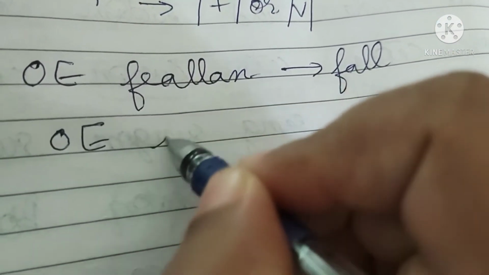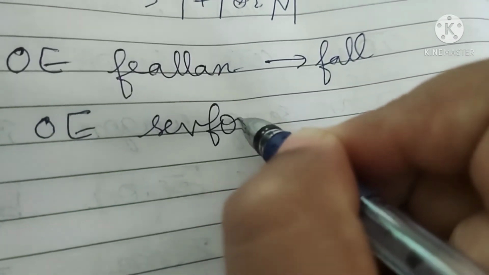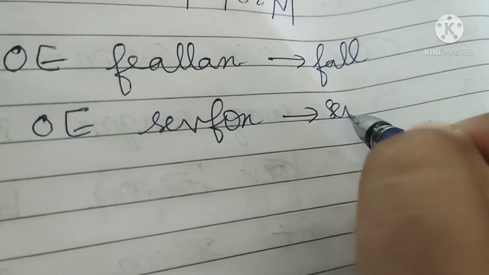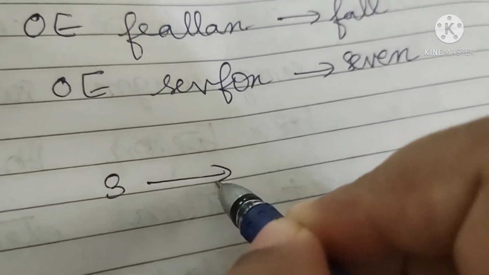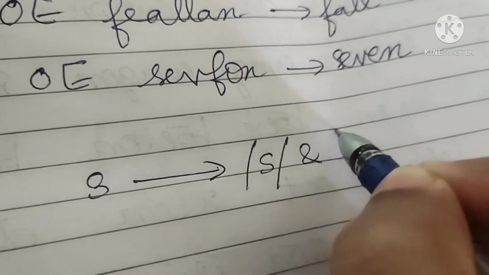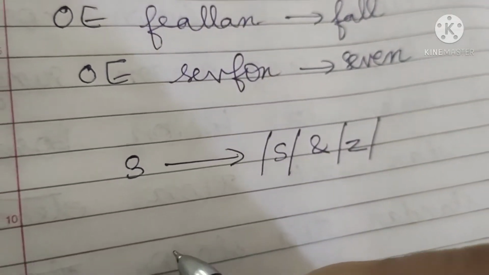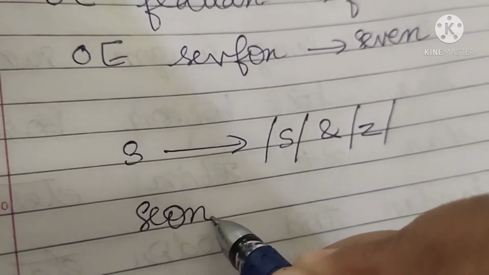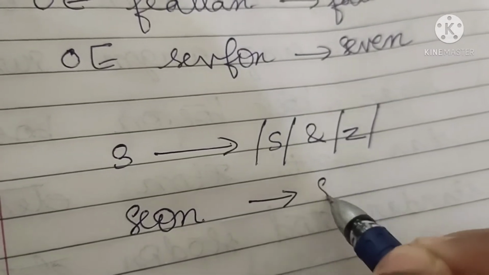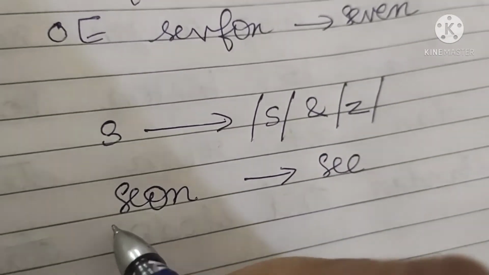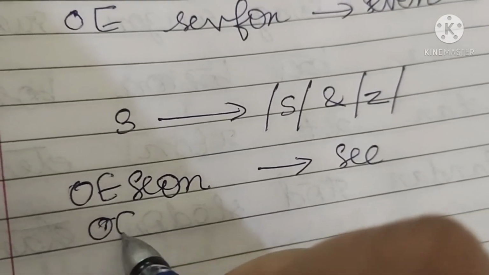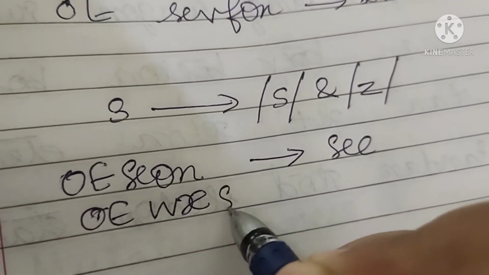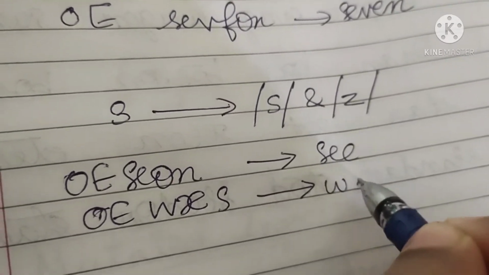Old English Zephon as 7. Now the symbol stood for two sounds, s and z. Sion, as we see in C, and Old English Sion as C, and Old English was as was.